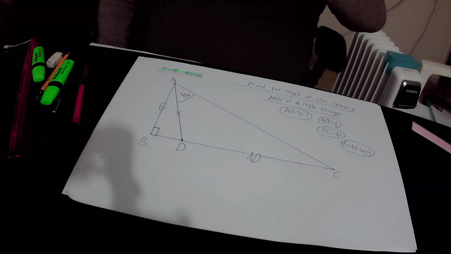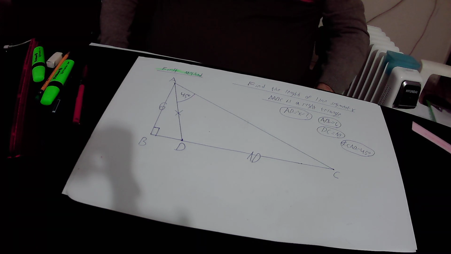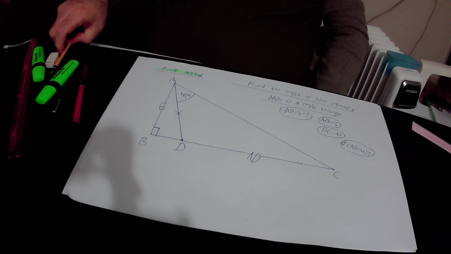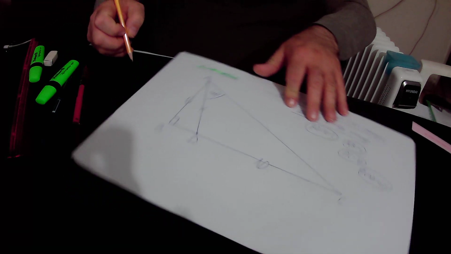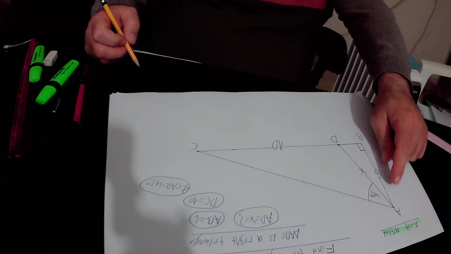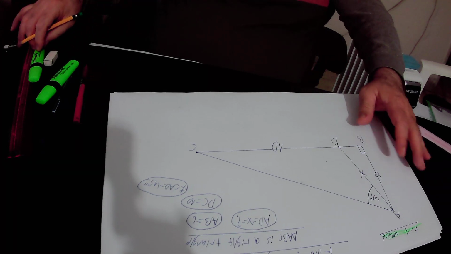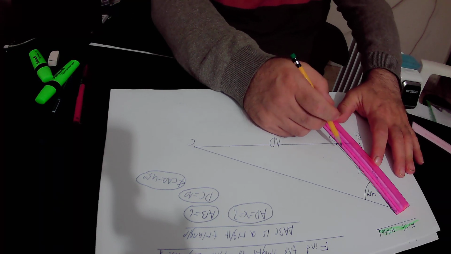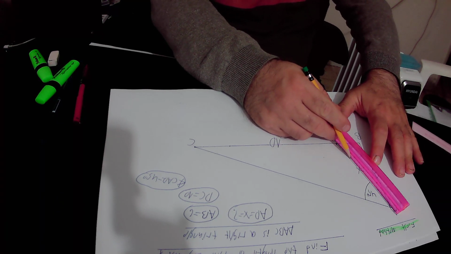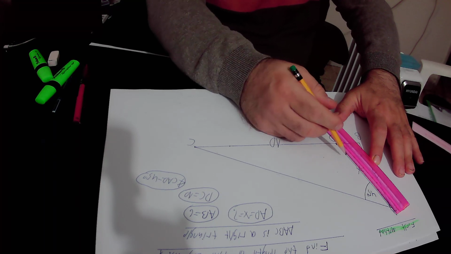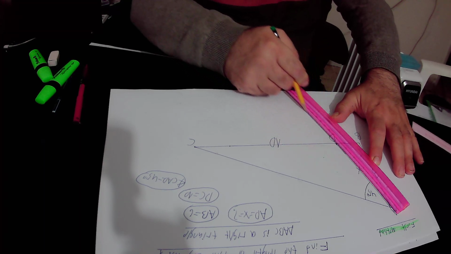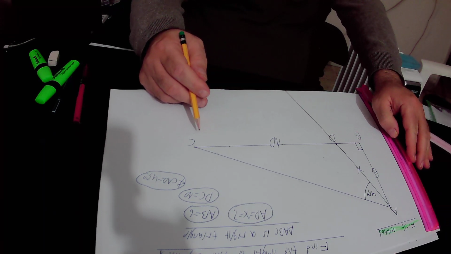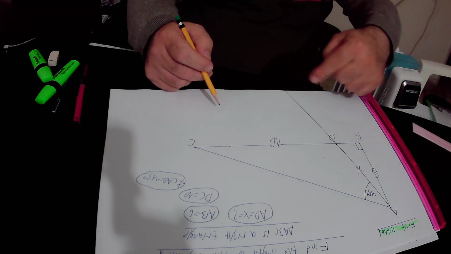Okay, so we'll start with the first method. In the first method, we will do a construction. We will extend line segment AD by a straight line. So here we'll create a long straight line. And from point C, we'll draw a perpendicular to the extended AD.